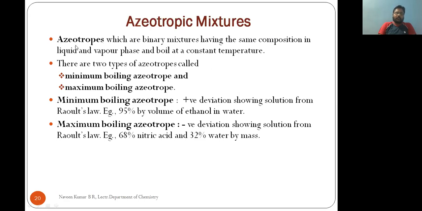Now, if we take any two liquids, they will never have the same boiling point, because the liquids are different. The number and nature of atoms present and the association of molecules to form a compound are different.